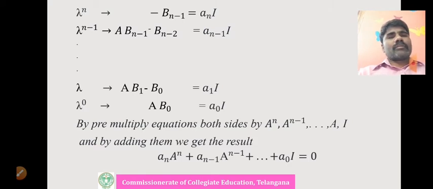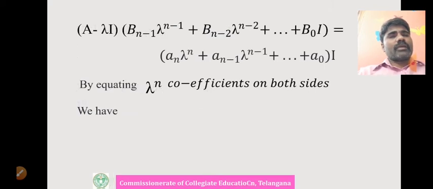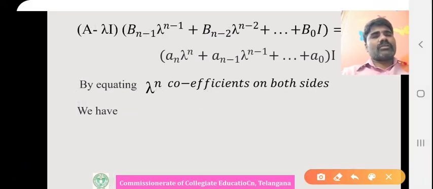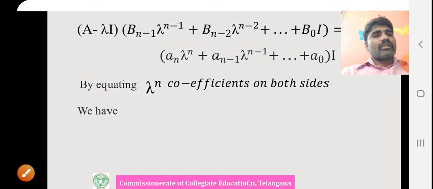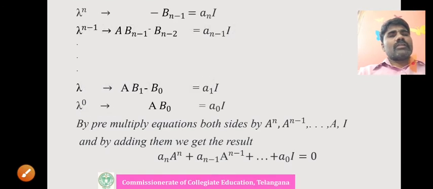Similarly, the lambda power n minus 1 coefficient is A B n minus 1 minus B n minus 2 equal to a n minus 1 I. Here you can see the lambda power n minus 1 coefficient comes from lambda power n minus 1 into A into B n minus 1, and one more term is lambda into lambda power n minus 2, that is minus B n minus 2, and the right hand side is a n minus 1 into I. Like that, collecting the coefficients of lambda power n for different values of n, we will get equalities like this.